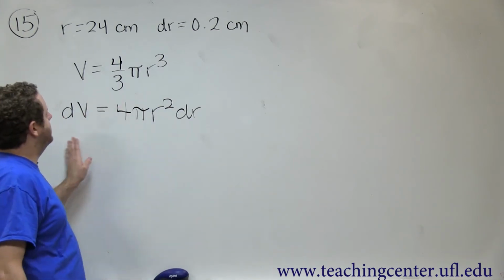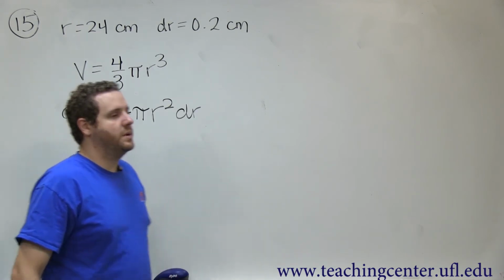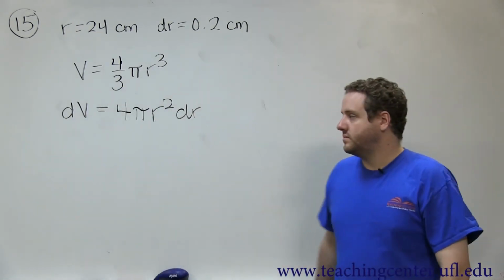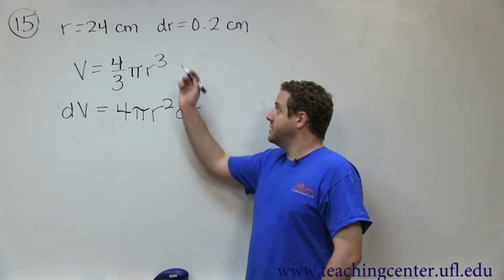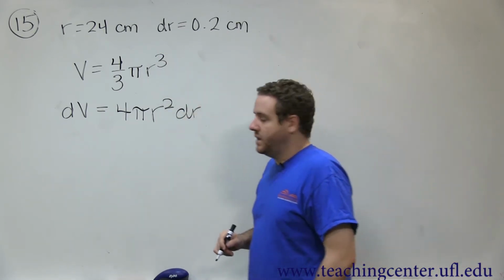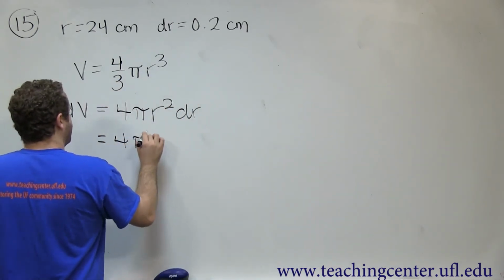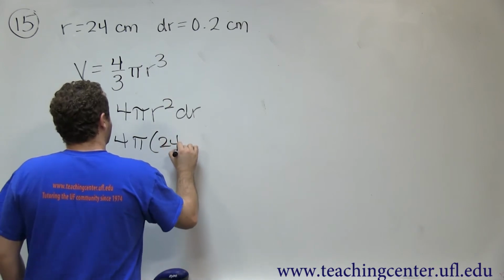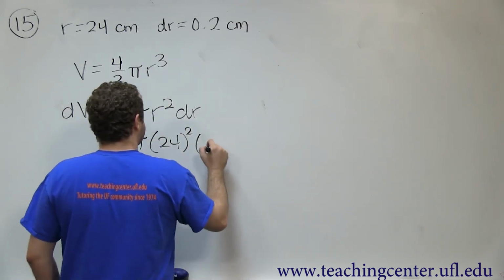By doing the derivative and separating the dV and the dr, we have a differential term. The error in volume is just dV, so we plug in our values. r equals 24, dr is 0.2. We get 4 pi times 24 squared times 0.2.